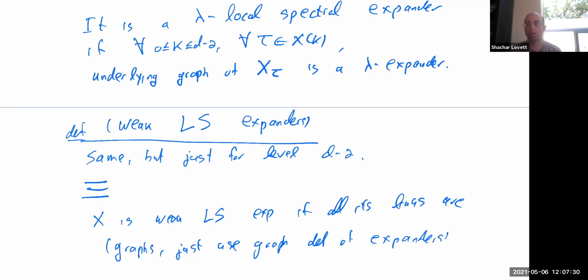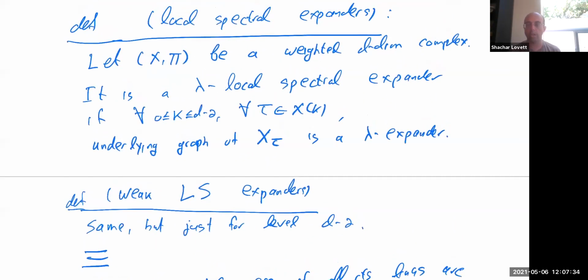Right, so the difference between this weak definition and what we're going to call the strong or standard definition is that we just look on the top dimensional faces, not on all the faces. I'm not even sure which one you want to call local and which global. The first is global in the sense that you consider the link of the empty set, which is the entire global complex, so you are actually considering global information.